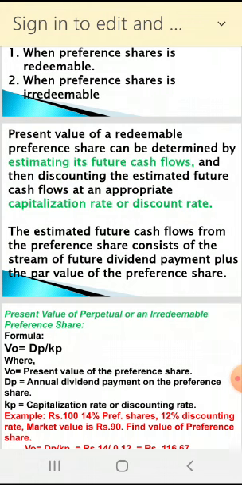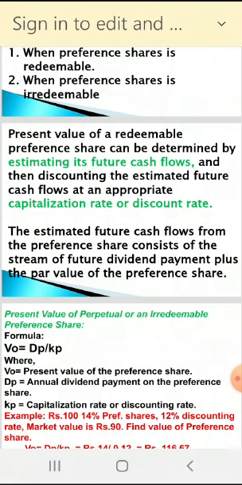That is why here it is said present value of redeemable preference shares can be determined by estimating its future cash flows and then discounting the estimated future cash flows at an appropriate capitalization rate. Discount rate is also known as the capitalization rate. Is it clear?